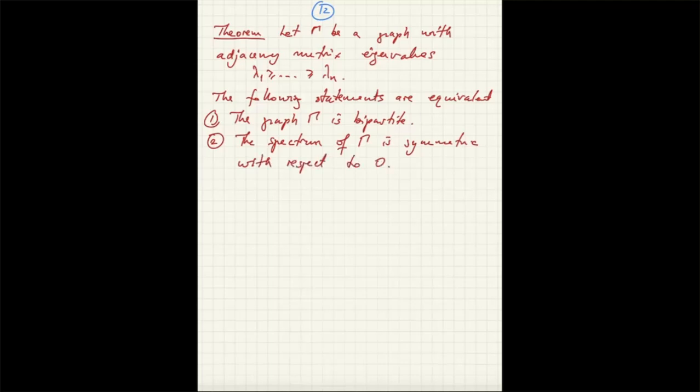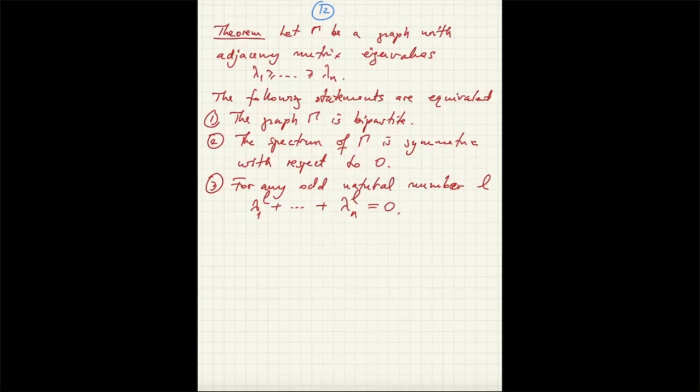Meaning, again, that if you have a non-zero eigenvalue with multiplicity m, and that eigenvalue is theta, then minus theta also has multiplicity m. And three, for any odd natural number L, lambda 1 to the L plus lambda 2 to the L plus up to lambda n to the L equals 0.